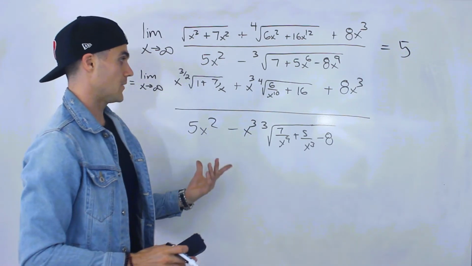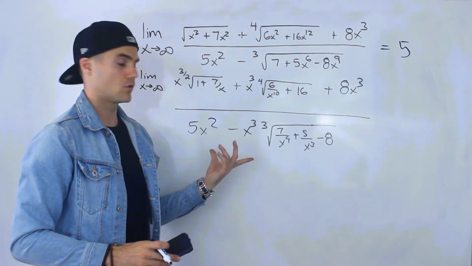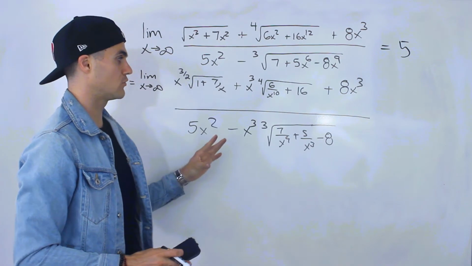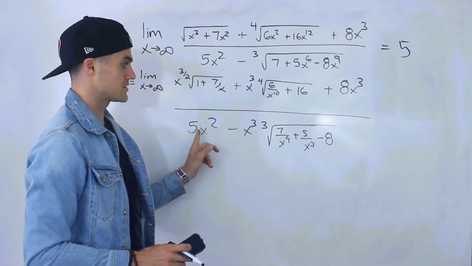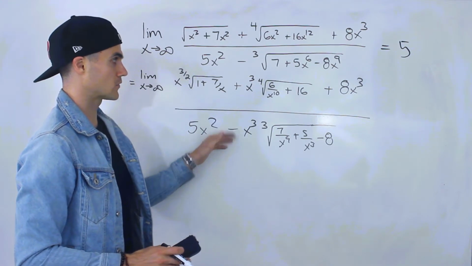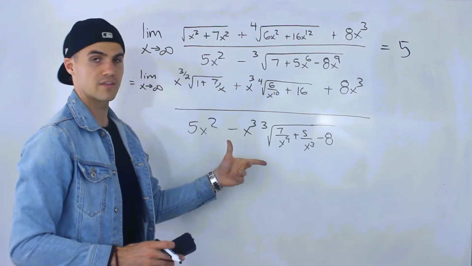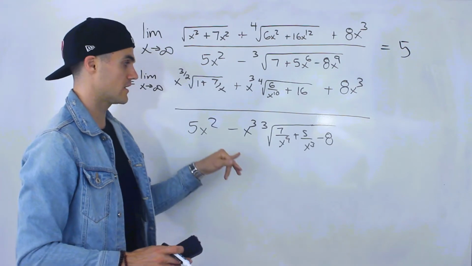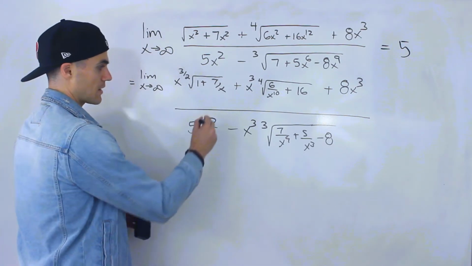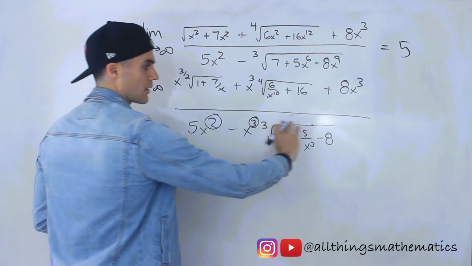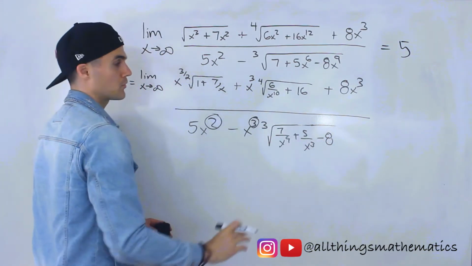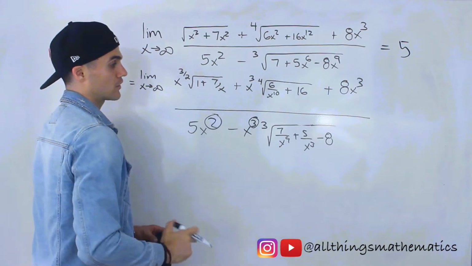But what's nice now is we follow the exact same process that we did before, where if we have multiple expressions in the denominator or the numerator, we divide everything by x to the highest power in the denominator. Notice that we have an x to the 2 and an x to the 3 here. Whatever's under these roots in the denominator, we would ignore after we convert it to this format.